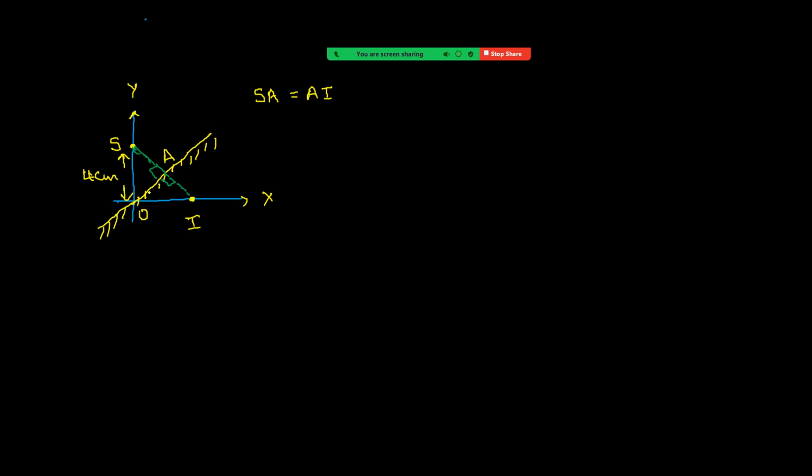I am repeating. See triangle SAO, next triangle OAI. These two are now similar. Now in that OA common for both, right? SA is equal to AI because distance of object from mirror, distance of image from mirror, both are same, right?